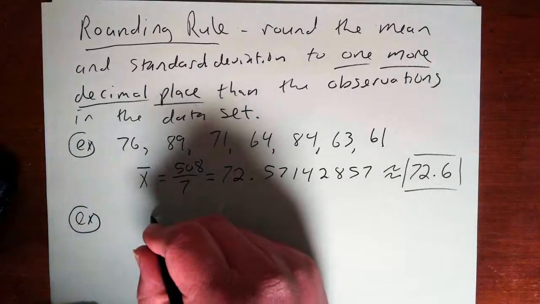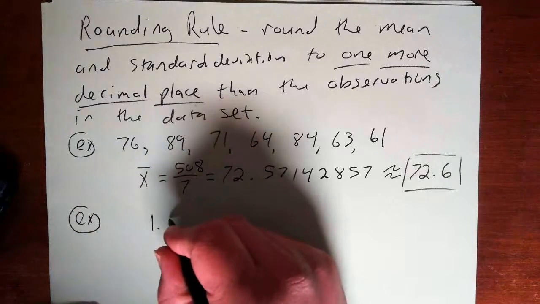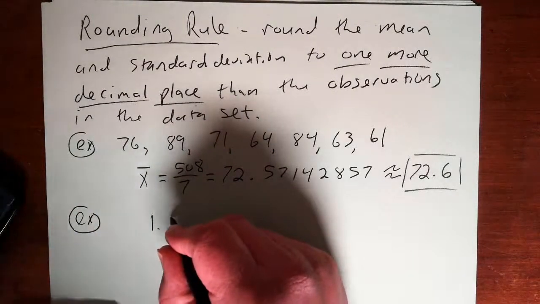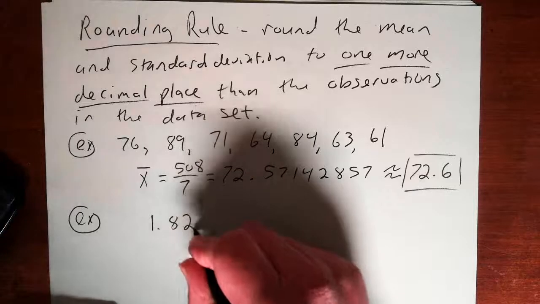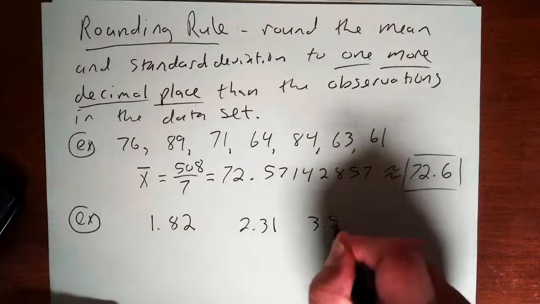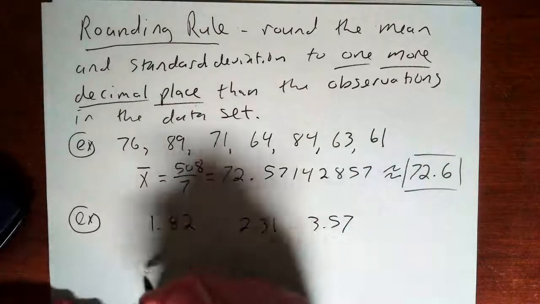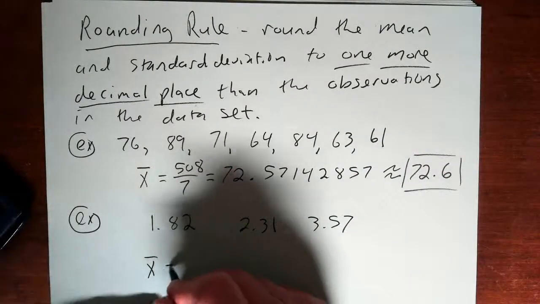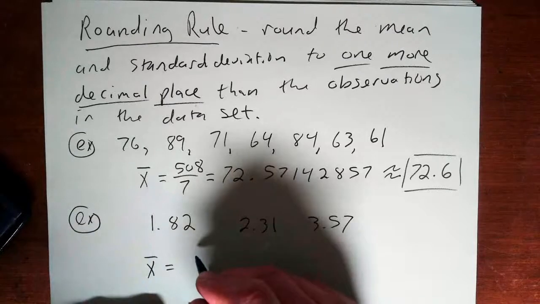Let's say these are the number of seconds on a stopwatch: 1.82, 2.31, 3.57. Okay, so again, I'll use my X bar there to represent the mean of a sample.